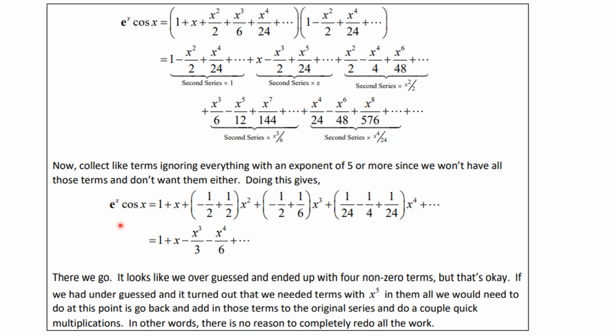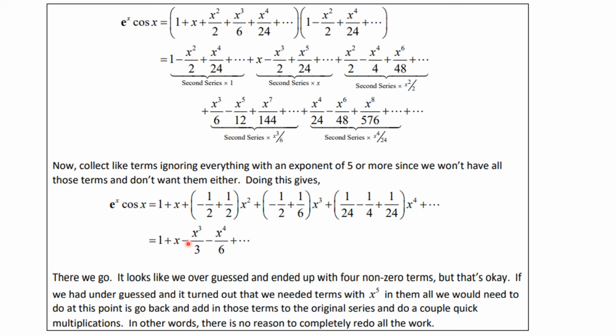So doing that, we will get, and you should verify this calculation, 1 plus x, and the x squared coefficients are going to drop out. The x cubed terms, they're not going to drop out. The x to the fourth terms aren't going to drop out either, plus dot dot dot. So when we collect all of these terms, we get 1 plus x minus x cubed over 3 minus x to the fourth over 6 plus dot dot dot.